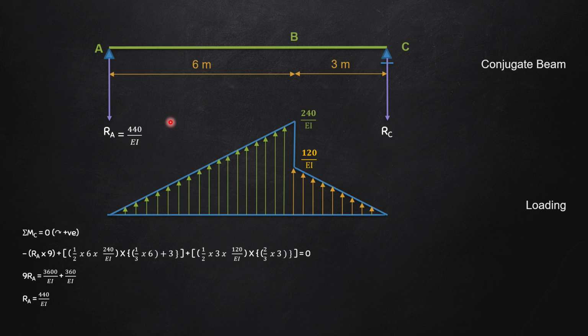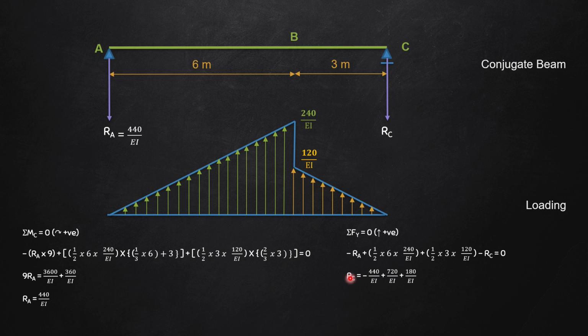Alright, now in order to find out RC, I'll be applying another equation of equilibrium, summation of Fy is equal to 0, and I'm going to take upwards as positive. So the four loads that I have to consider are RA, RC, this UVL and this UVL. So it will be minus RA, plus half into 6 into 240 divided by EI, plus half into 3 into 120 divided by EI, and minus RC is equal to 0.